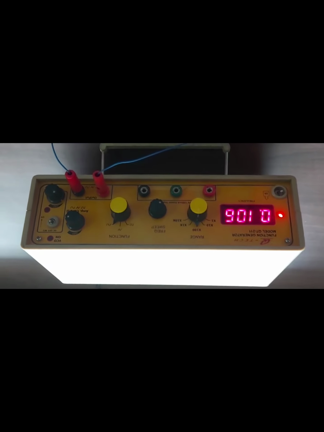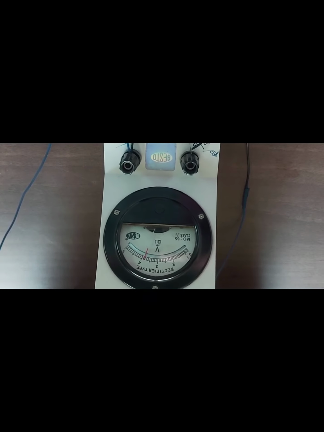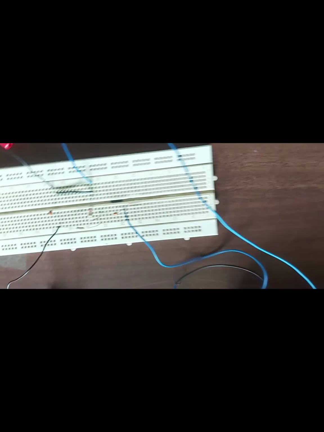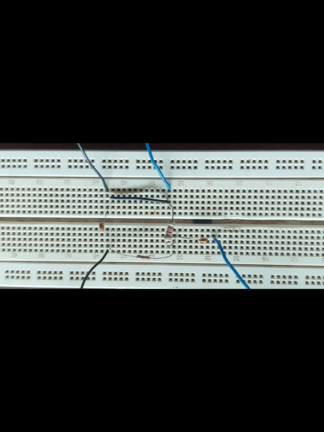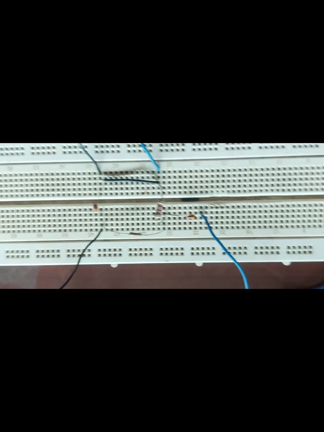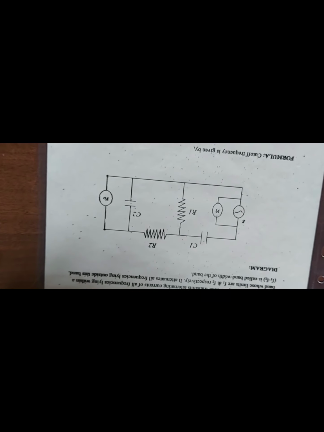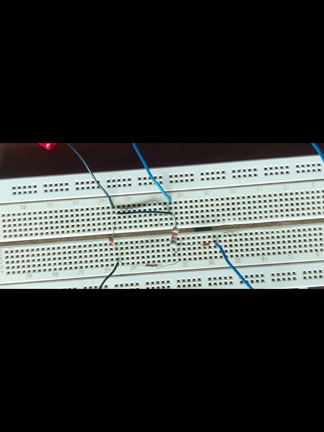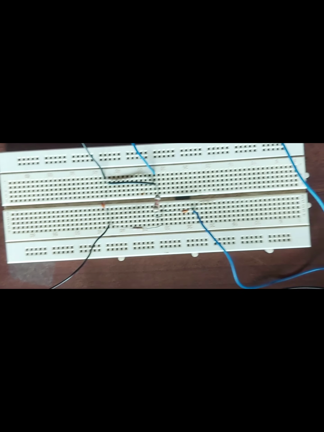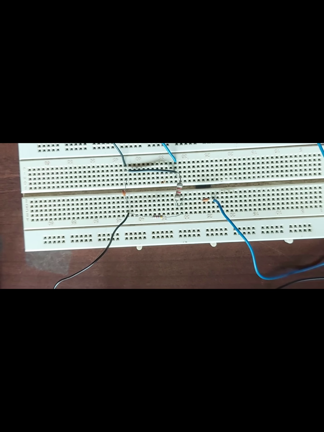It consists of signal generator, input voltmeter, and see the components here. C1, we can also compare this to the circuit diagram. C1 and R1 are there, and here C2 and R2 are there.